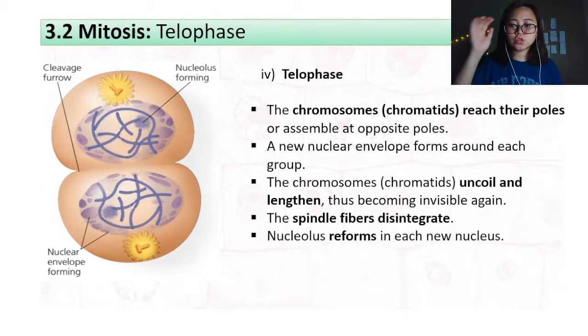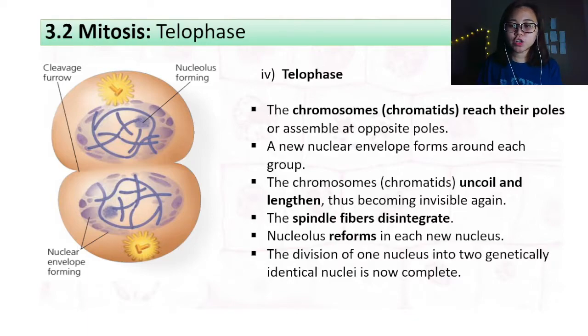And the nucleolus reforms in each nucleus. Nucleolus baru akan terbentuk dalam setiap nucleus. Division of one nucleus into two genetically identical nuclei is now complete. I don't feel like translating this last sentence. So it basically means siap sudah proses dia.